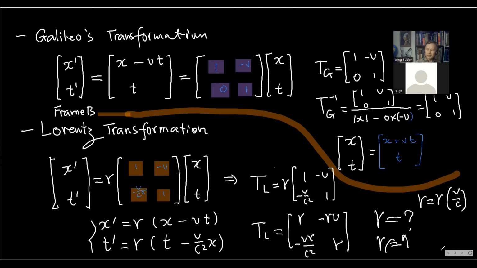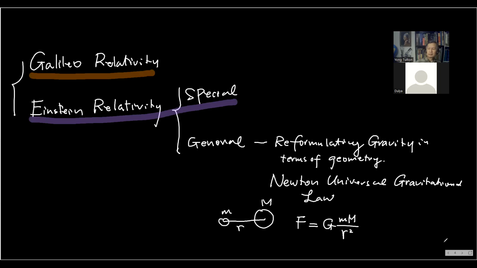But what I show you here is gamma. We got x prime equal to gamma factor times x minus vt. I alternately use equation or matrix; it's equivalent.